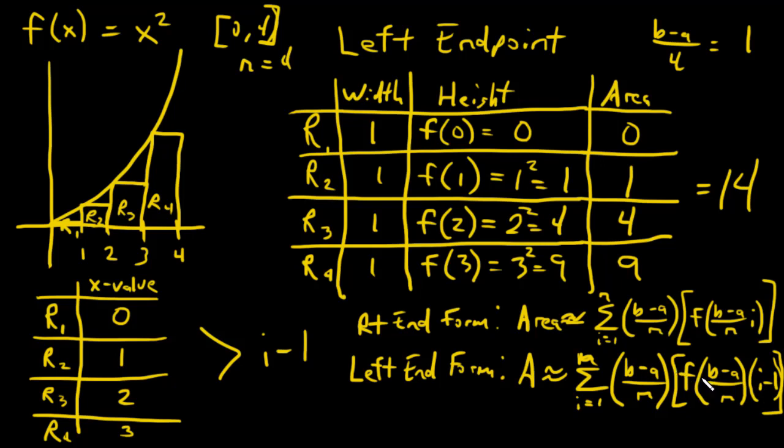Okay, so let's try that and see if we can get a general formula for this function and see how it compares to the right endpoint one. Let me clear this, and keep in mind the only thing that changes is that i becomes an i minus 1. So now my area is going to be approximately the summation i from 1 to n of, well, b minus a is 4, right?